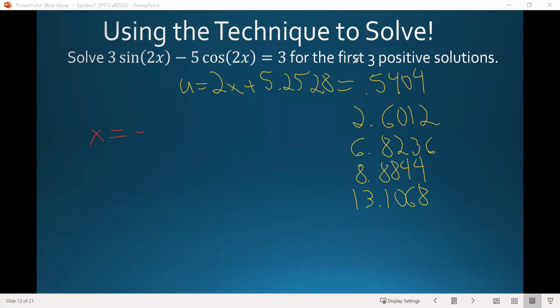And when I do that, I get negative 2.3562. Then negative 1.3258.